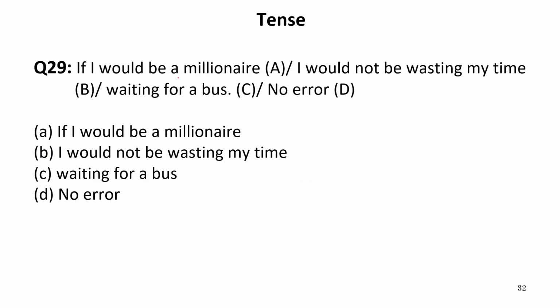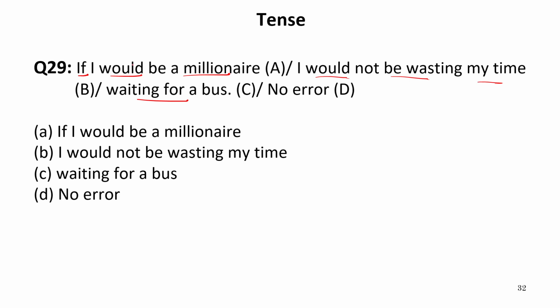The sentence is, if I would be a millionaire, I would not be wasting my time waiting for a bus. Again in this sentence, in part A, we can see that if is written and in the immediate after clause, we have a modal. But we know very well that if a conditional word is given or a subordinate conjunction is given, in the immediate clause after it, we cannot use any modal.